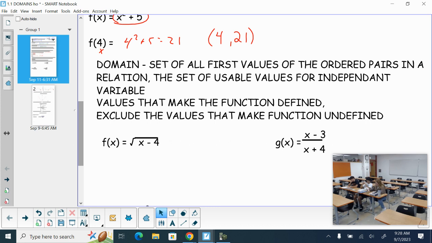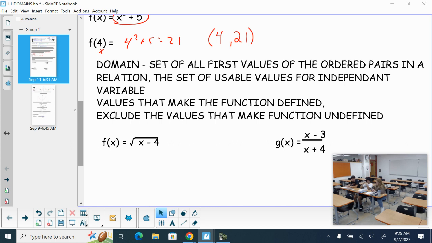So if I have the square root of x minus 4, the rule is the square root of x minus 4, and I want to find the domain. What has to be true about the value underneath the radical to keep it in the real world? Has to be what, Justin? Can't be negative. It has to be positive or 0.